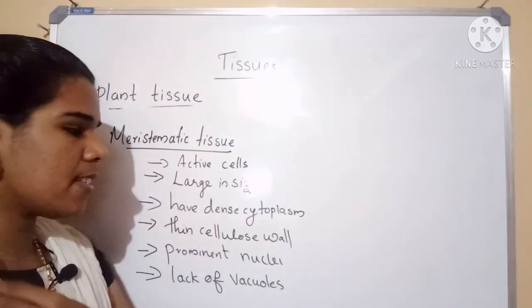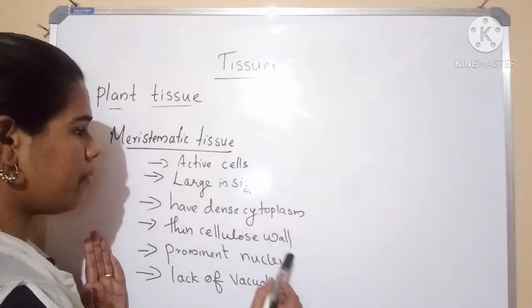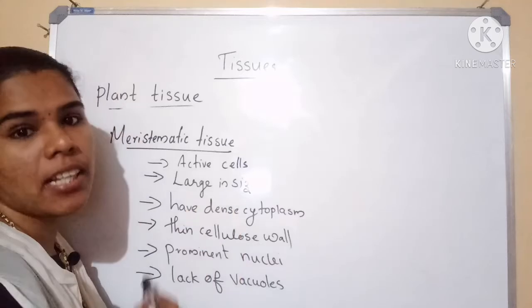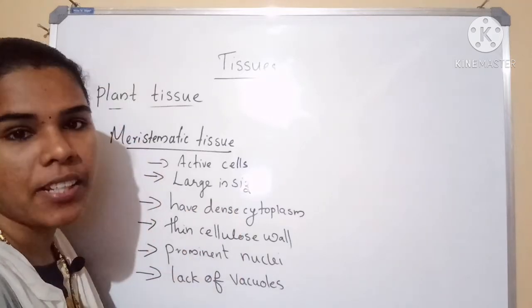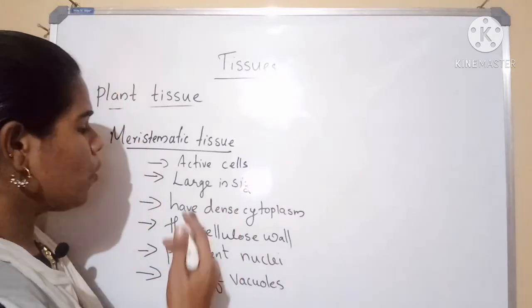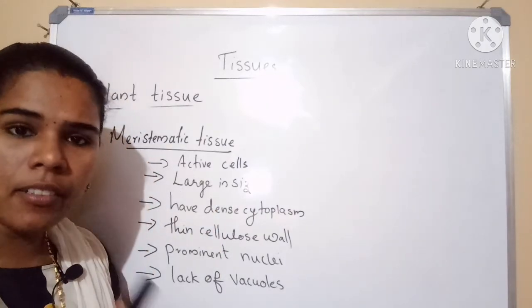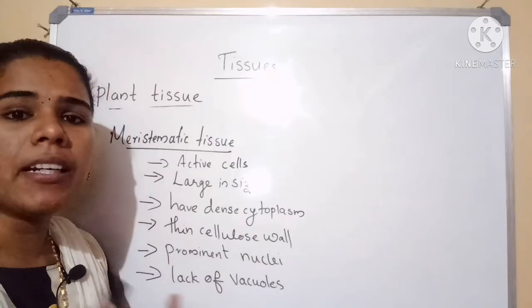Let's discuss the features once again. Meristematic tissues are very active cells, so whenever needed, they multiply.